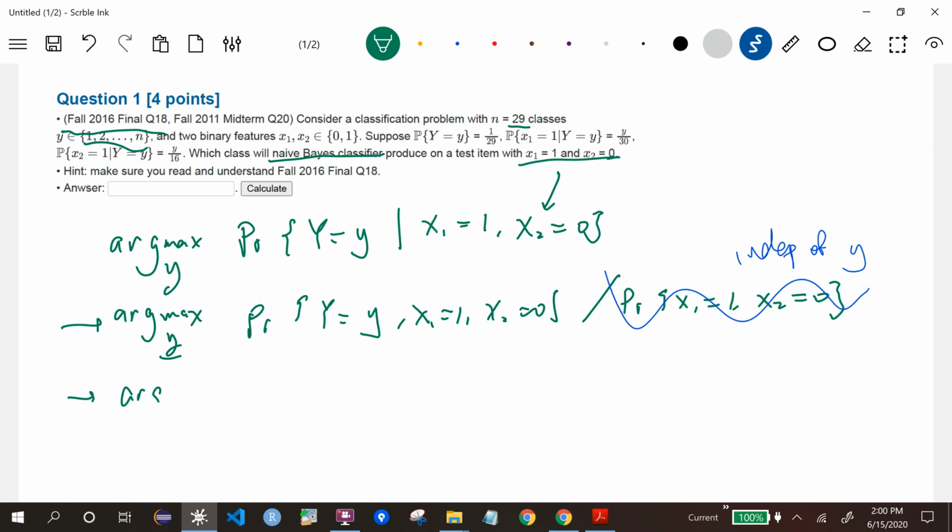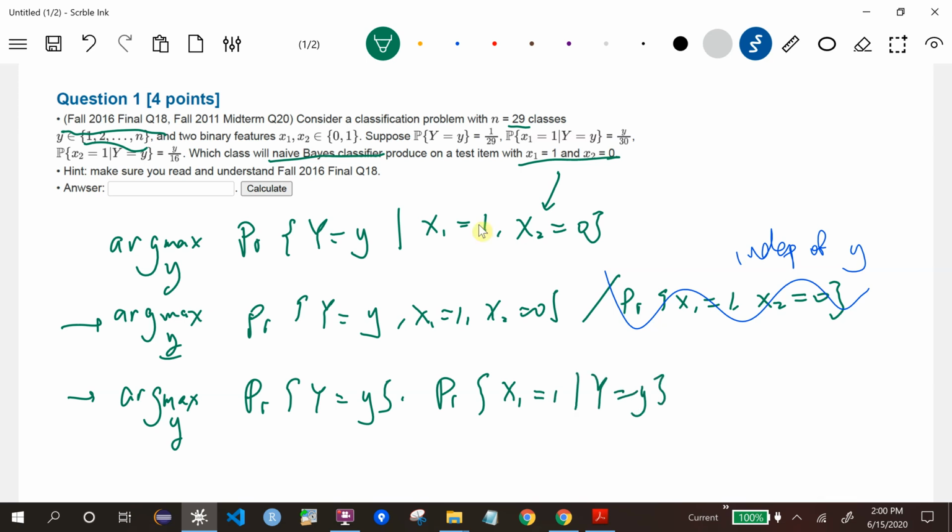Then next step, argmax of y. This is just, remember, from the general Bayesian network, everything given the parents and take the product: x1 is 1 given Y is y, and x2 is 0 given Y is y.